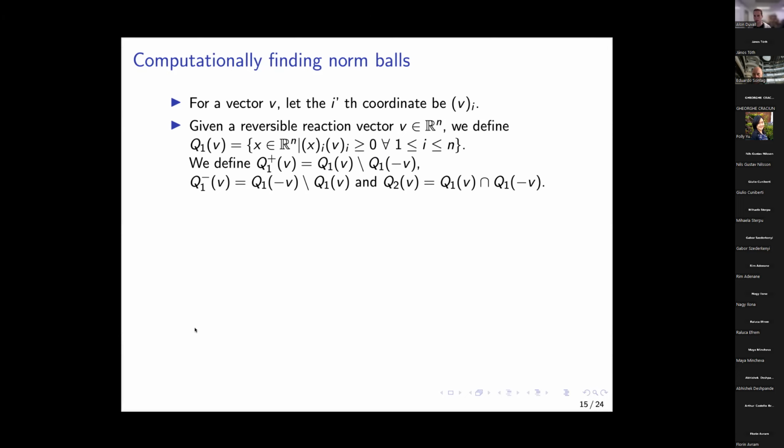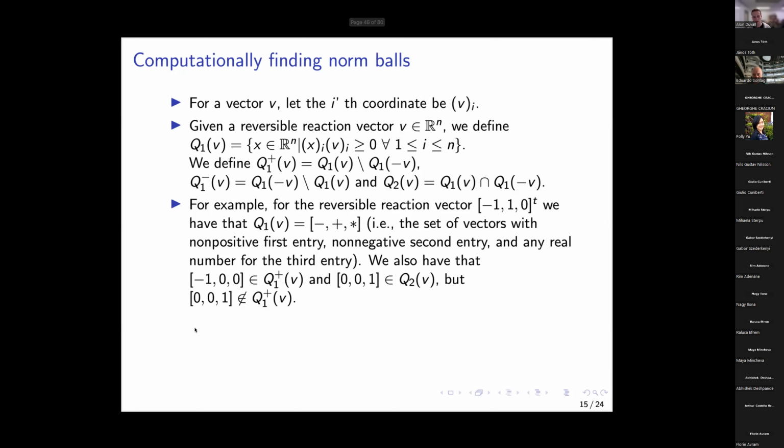Q1 plus is a subset of this Q1 of v. It's a set such that at least one of the coordinates strictly agrees with the sign. So if there's one positive entry for v, then a member of Q1 plus would be a vector with also a strictly positive entry. A few examples of this. Say v is -1, 1, 0.